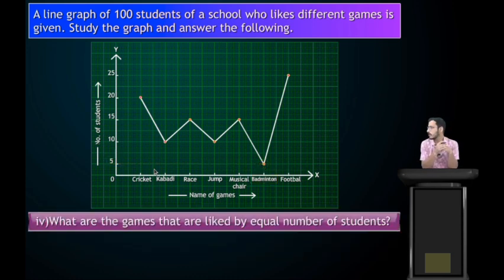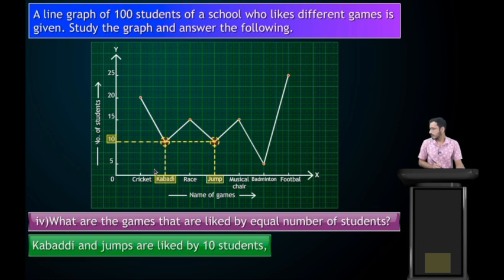The next one: what are the games that are liked by an equal number of students? Here you can see the number of students is 10 in kabaddi and jump. Kabaddi and jump are liked by 10 students.